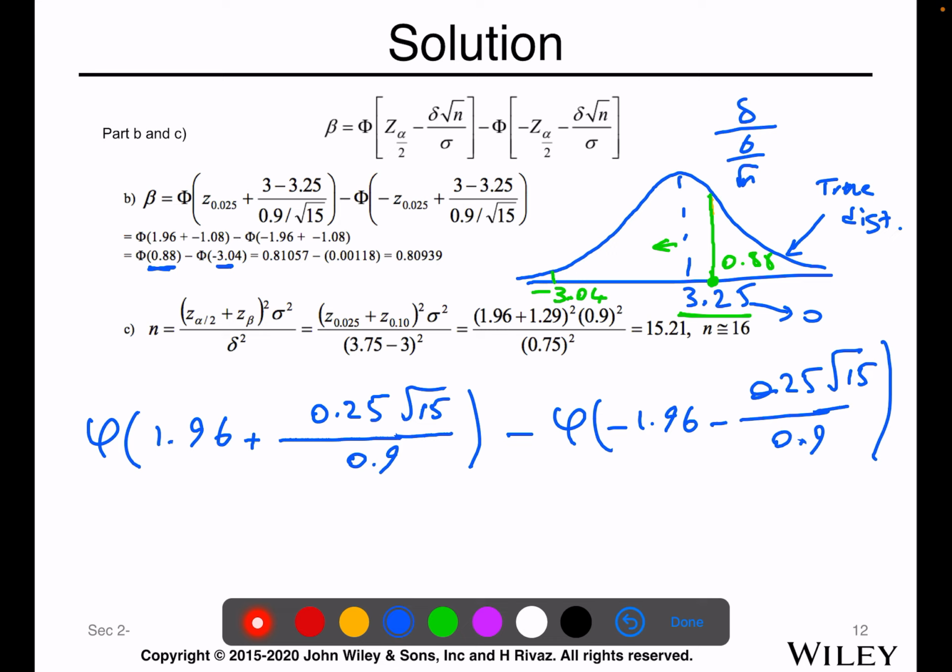So can somebody please punch this into a calculator? The first one is 3.04. Phi of 3.04 is 0.04. Thank you. And what's the second one? I'm guessing minus 0.2. Oh, you're right, actually. Both of them are the negative of this, right?